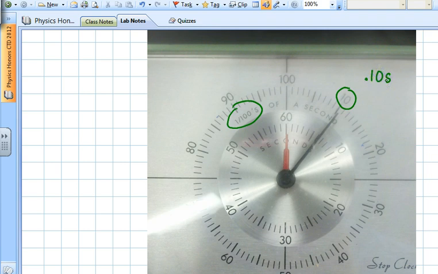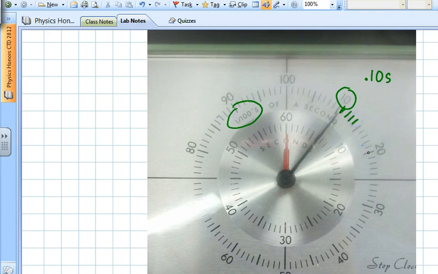But we don't want to leave our measurement at 0.10. We can see that the needle is actually a little bit beyond 0.10. So it's not quite halfway to 0.11, which is this tick right here, and this is 0.12, 0.13, 0.14.